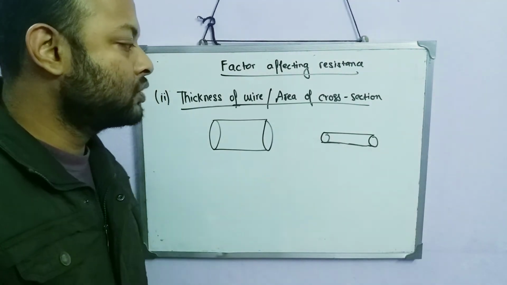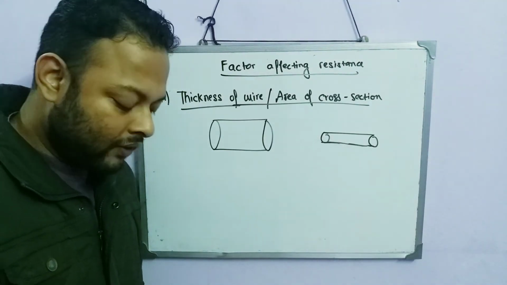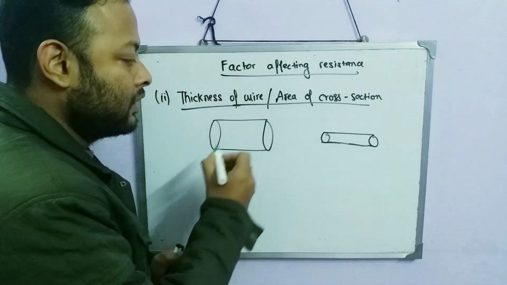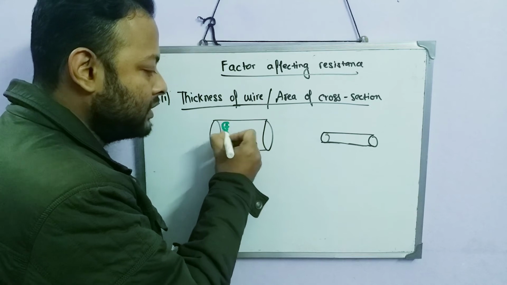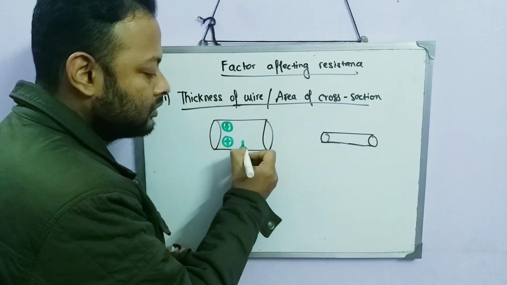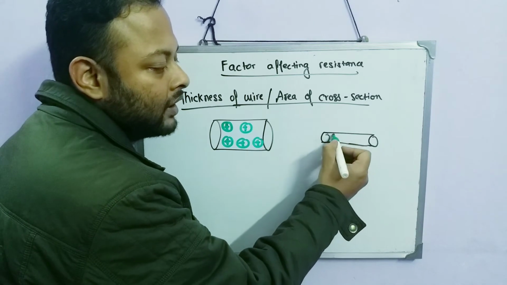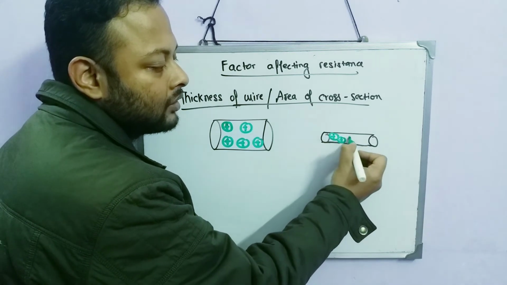So there are two wires which I have drawn. Over here you have some positive ions, over here also you have positive ions.